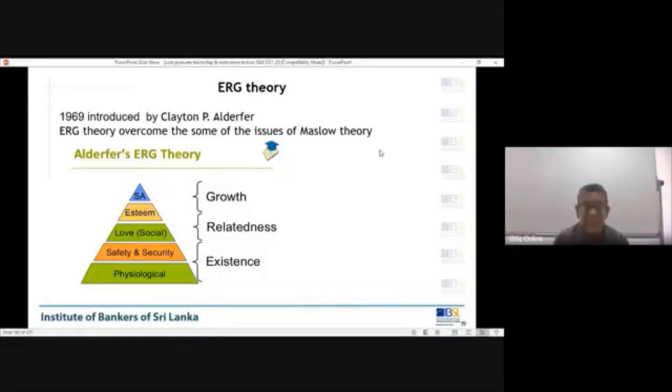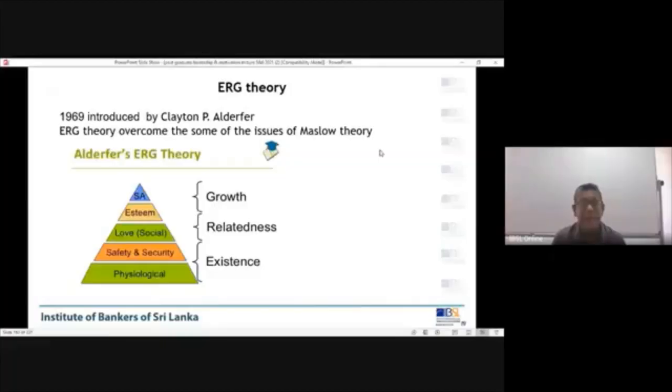So Alderfer addressed this issue. He said you do not need to have an order of these needs. That assumption was taken out by Alderfer.